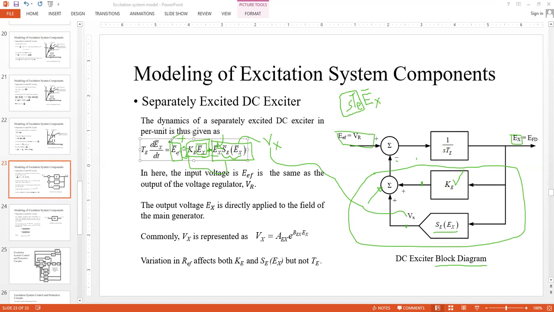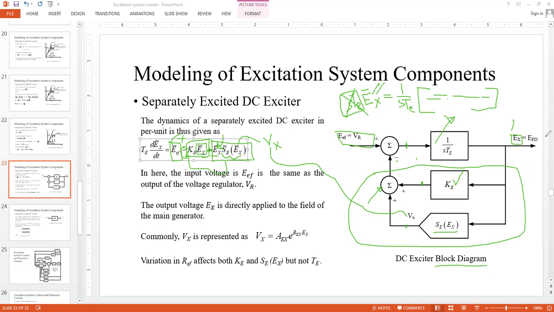If you take only EX on this side, then EX alone is actually 1 upon STE multiplied by the whole thing that is already there on the right hand side. The whole thing on the right hand side we have already got at this node, that is EEF minus the summation of these two, then negation, and then you multiply the whole thing with the 1 upon STE block, then you would get EX. So this is how we actually get it.